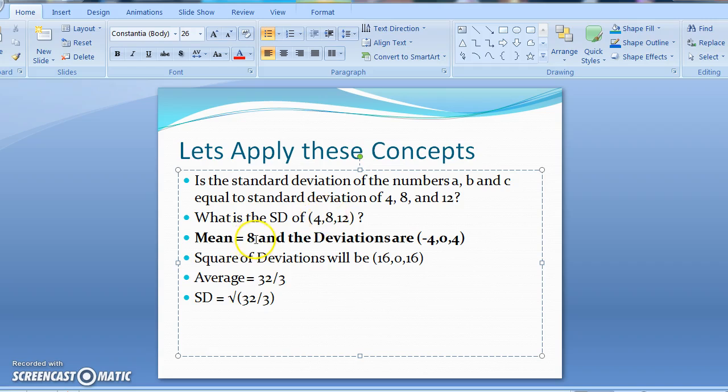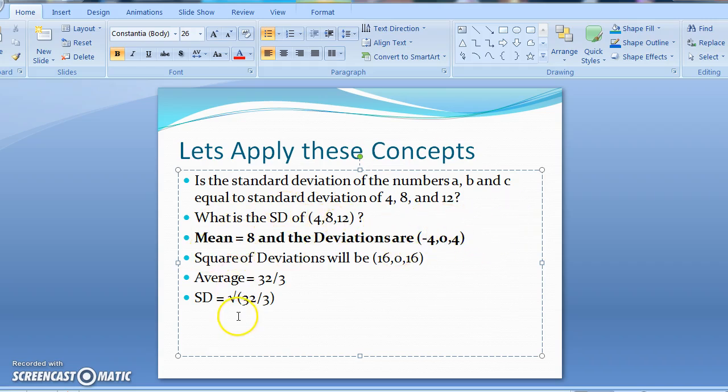Let's look at the mean. First step, mean is 8, right? 4 plus 8 plus 12, 12 plus 12, 24, 24 by 3, 8. And now the deviations are 12 is plus 4, right? 4 more than 8. 8 is 0, deviation is 0, and 4 is minus 4. So these are your deviations, and the number of terms are 3.